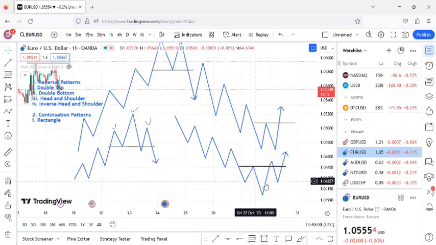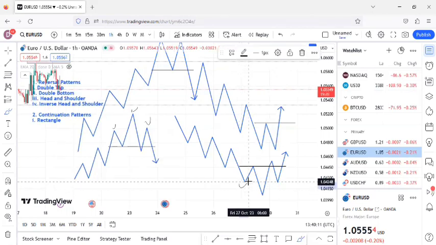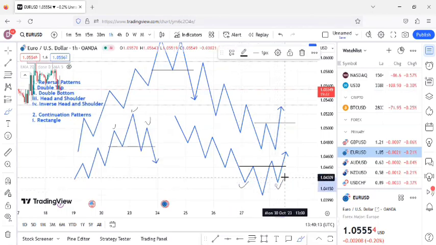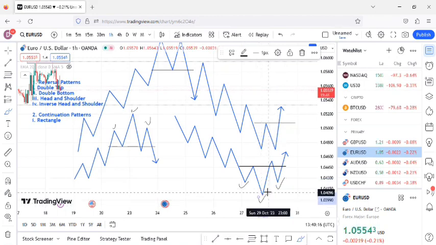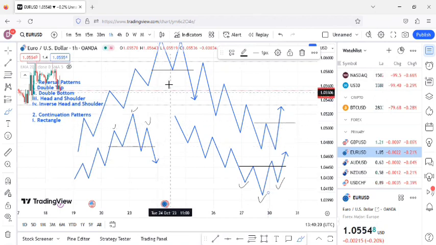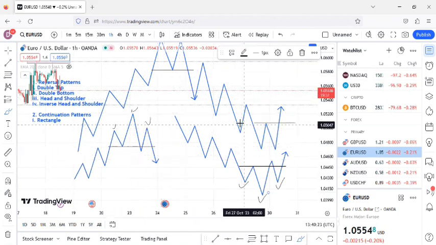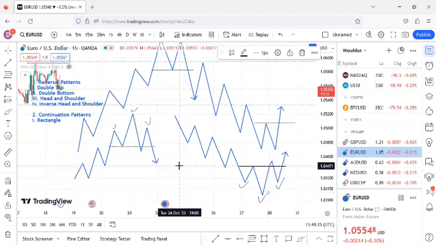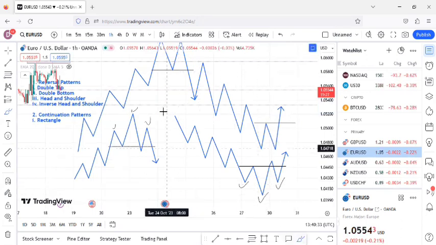So when you have this at the bottom of a downtrend, these are the two shoulders, then this is the head. The left shoulder, the head, the right shoulder. So these are the four major chart patterns that you have as reversal patterns that you should be spotting out for on a chart.